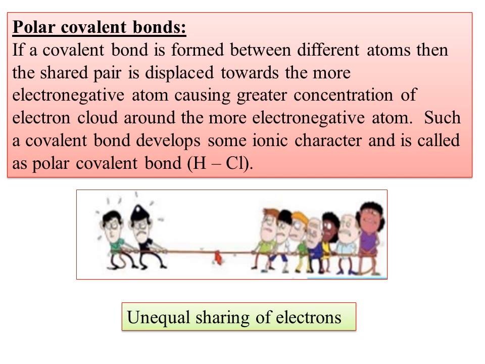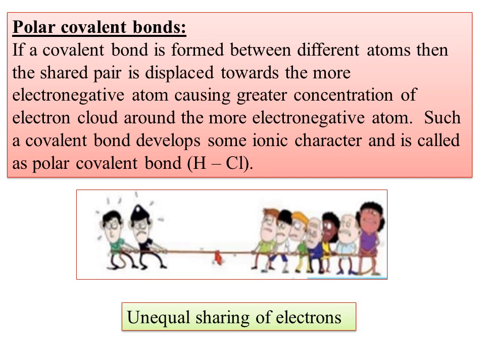Unequal sharing of electrons. Consider heteromolecules, so molecules which are made up of two different atoms. For example, consider HCl, where Cl is more electronegative in nature. It has the tendency to pull the electron. So as shown in the picture, there will be unequal sharing of electrons.